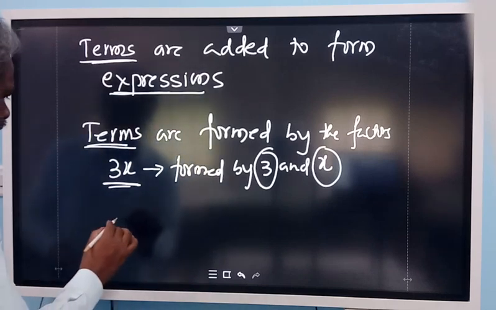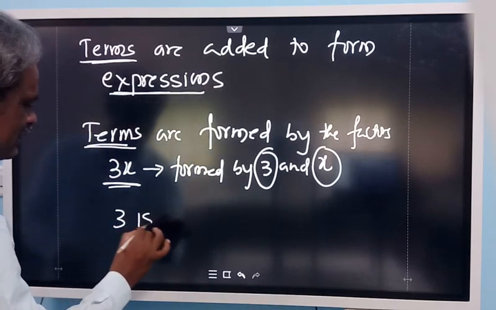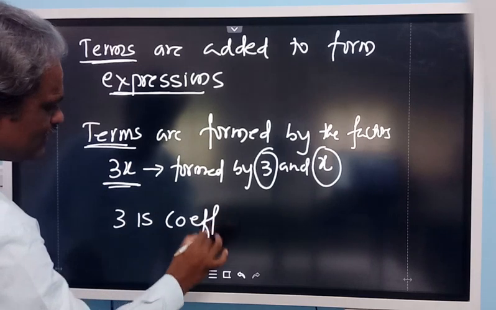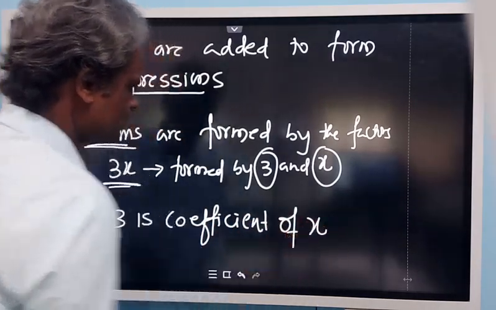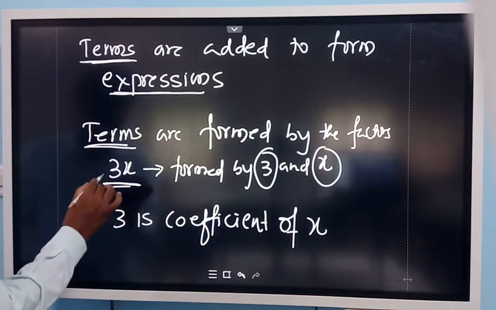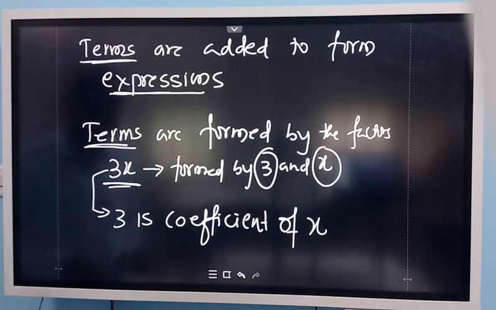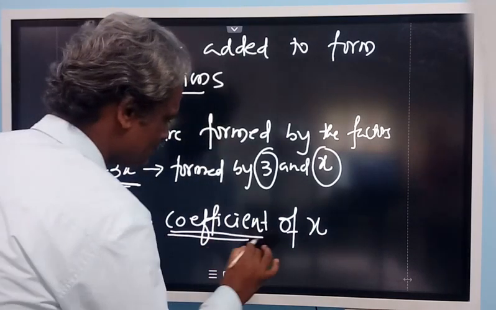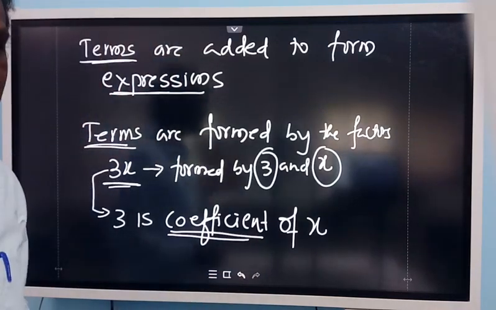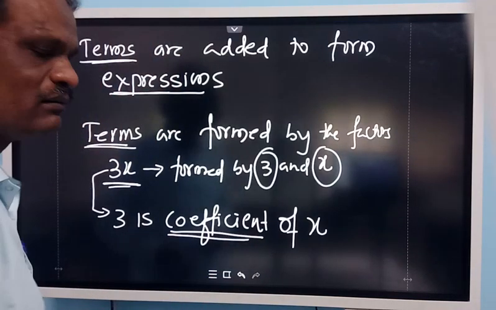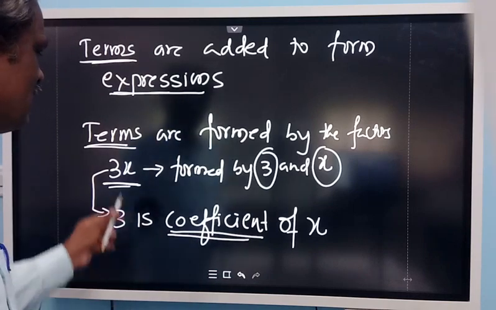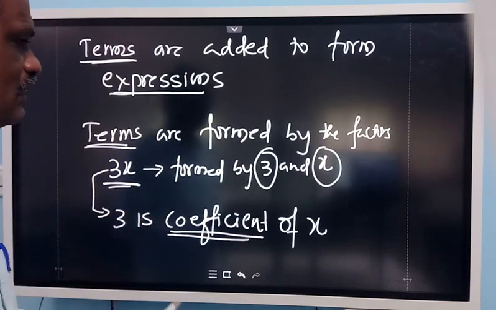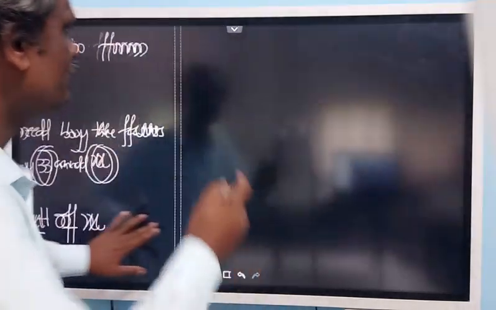So therefore 3 is the coefficient of x. 3 is called the coefficient. It is the numerical number which is multiplied to the variable, whatever variable you are using. So 3x. Another example for coefficient.